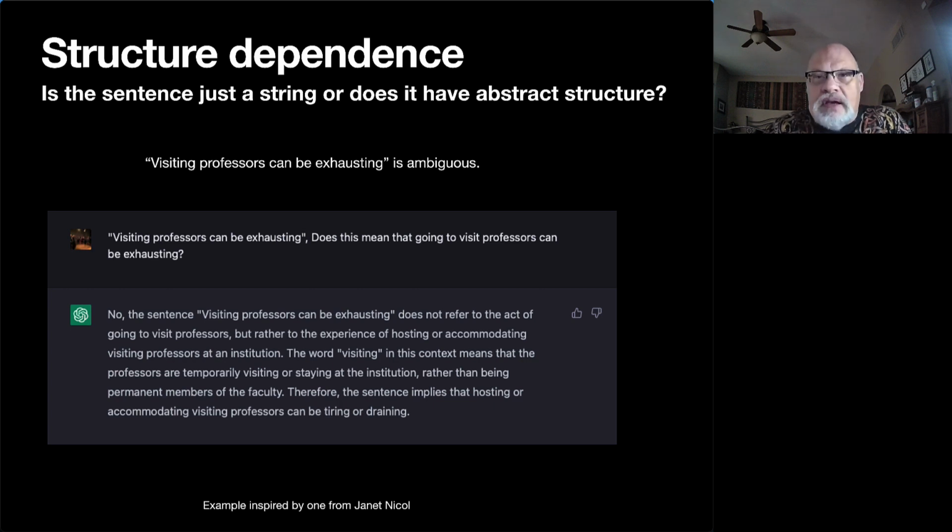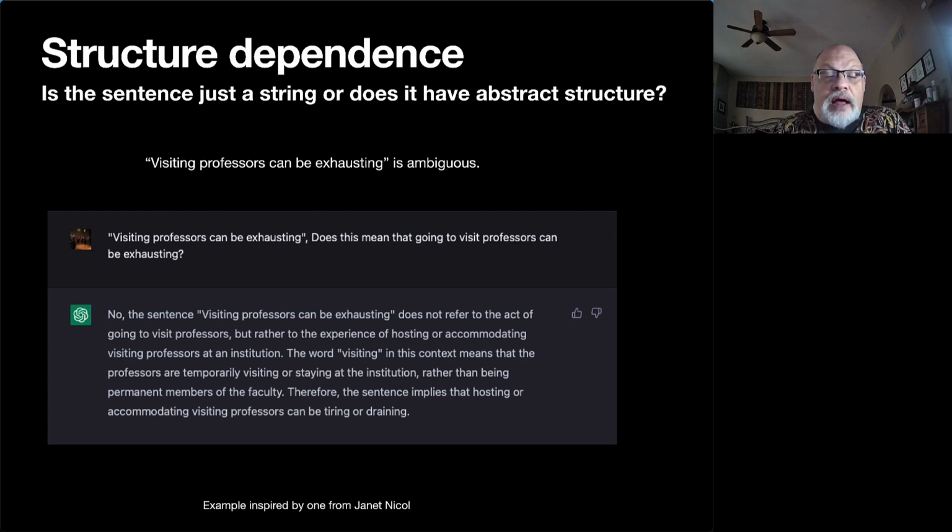And ChatGPT denies this. It says, no, the sentence visiting professors can be exhausting does not refer to the act of going to visit professors. It does, of course. That is a plausible interpretation. But rather to the experience of hosting or accommodating visiting professors at an institution. The word visiting in this context means that professors are temporarily visiting or staying at the institution rather than being permanent members of the faculty.